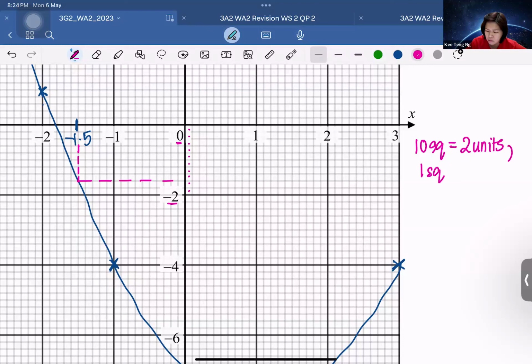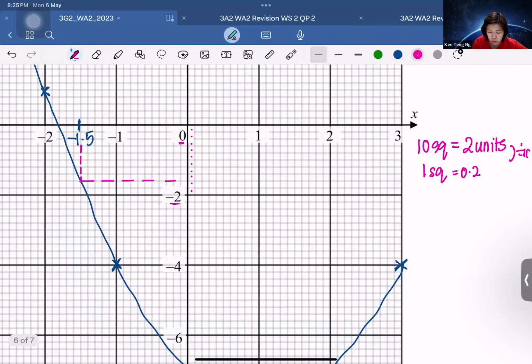So I divide by 10. 1 square will be 0.2 of a unit. That means this is 0.2, 0.4, 0.6, 0.8, 1, negative 1.2, negative 1.4, negative 1.6. So this number will be negative 1.6. This is your y value.